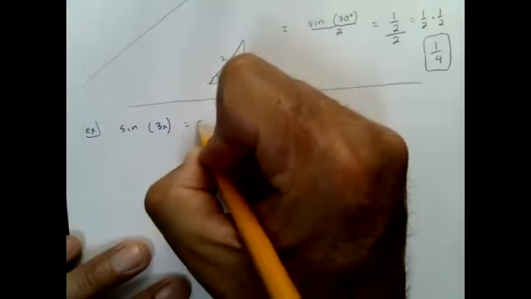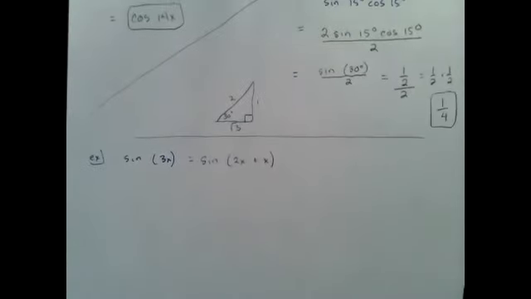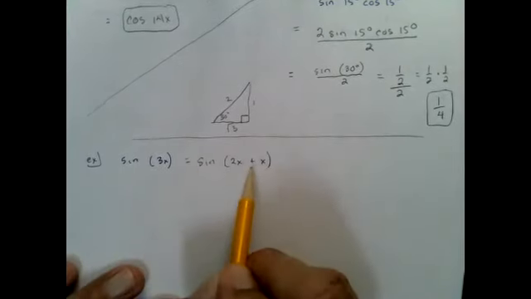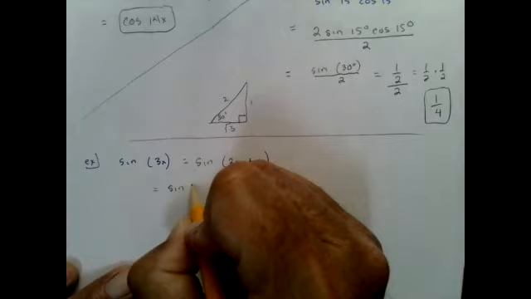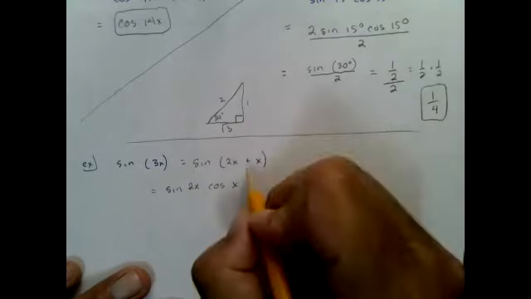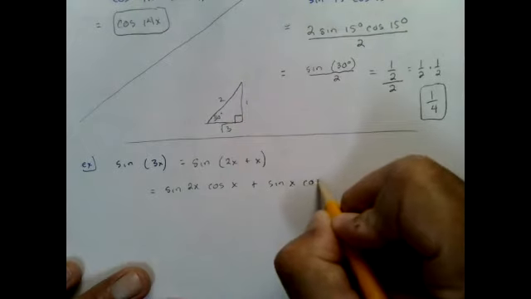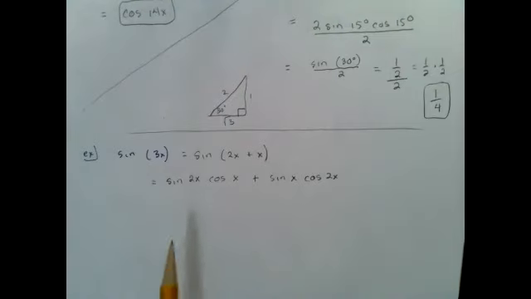So if I rewrite this as the sine of 2x plus x, now I can start to work with this, because this is the sine of a sum. And if I remember back, it was the sine of the first, the cosine of the second, plus the sine of the second, cosine of the first. I can still simplify more because I don't want those 2x's, so I need to keep going.